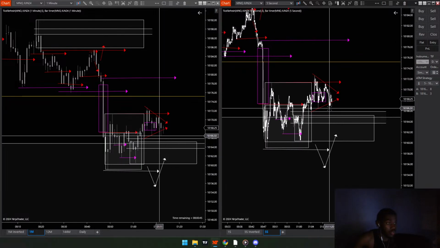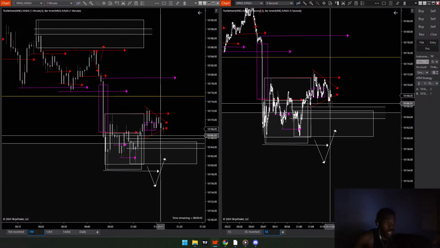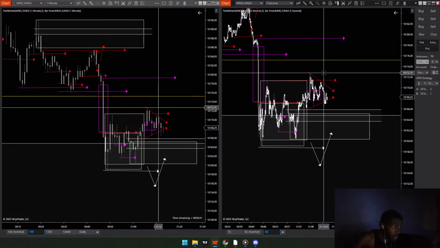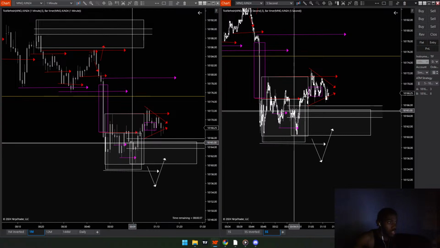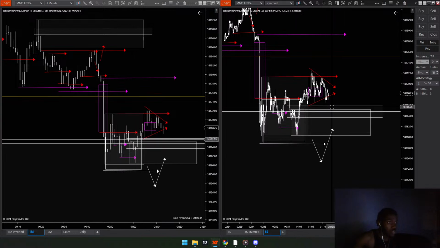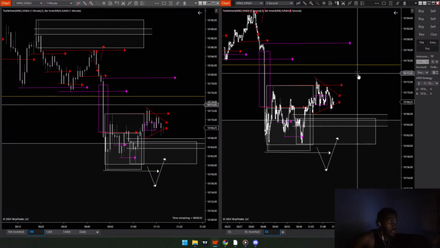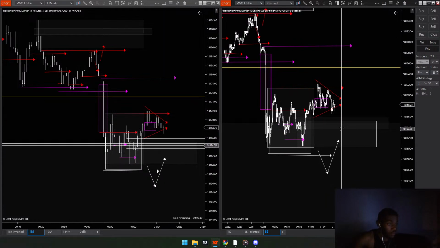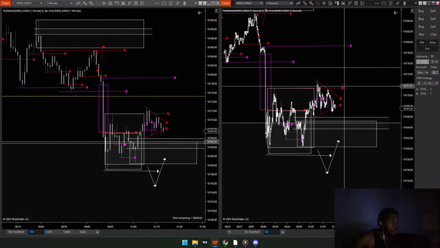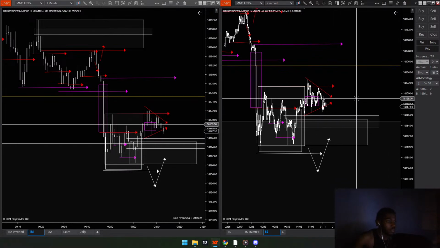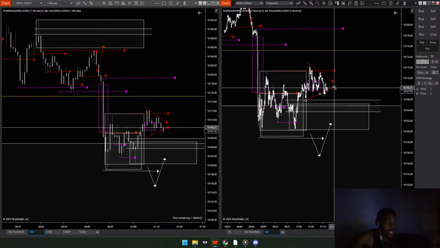We can either see a break of structure in either direction. Which direction? I don't know, but in either direction. So let's prepare ourselves. Where are you looking for a move back into the previous range on either side, above or below? Set yourself up like that.